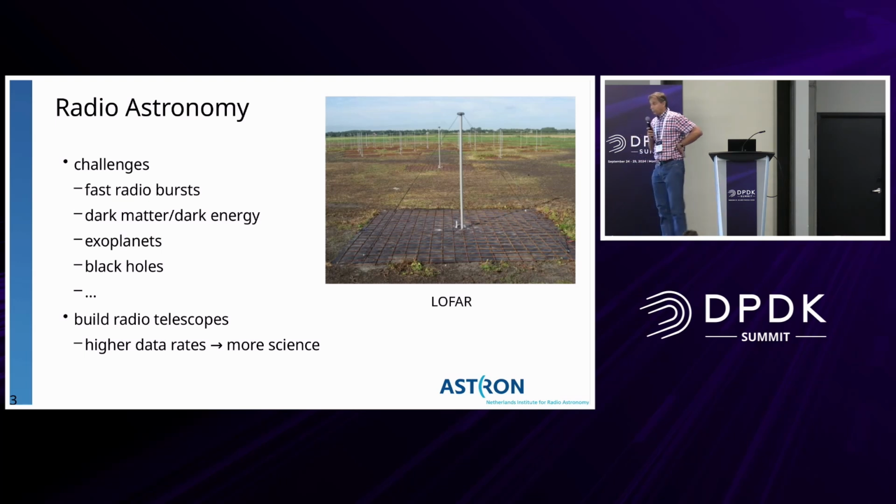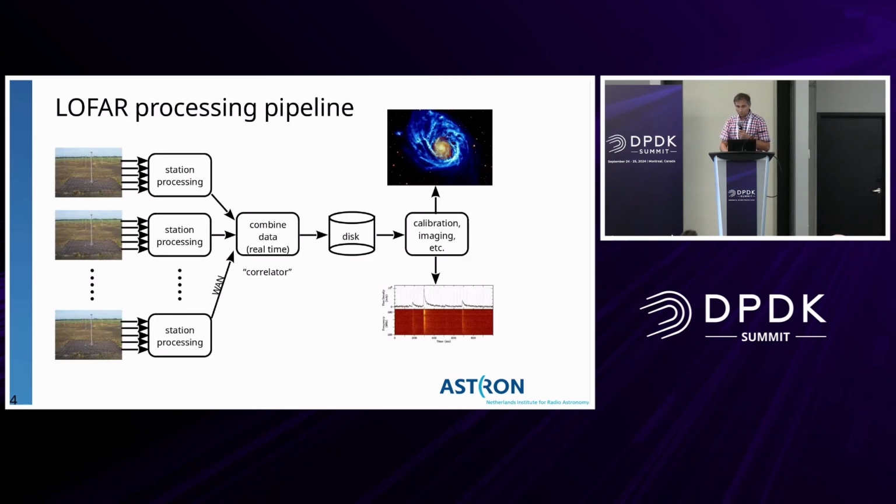So we need to build bigger and bigger radio telescopes that create more and more data, because the higher the data rates, the better the instrument and the more science we can do with them.